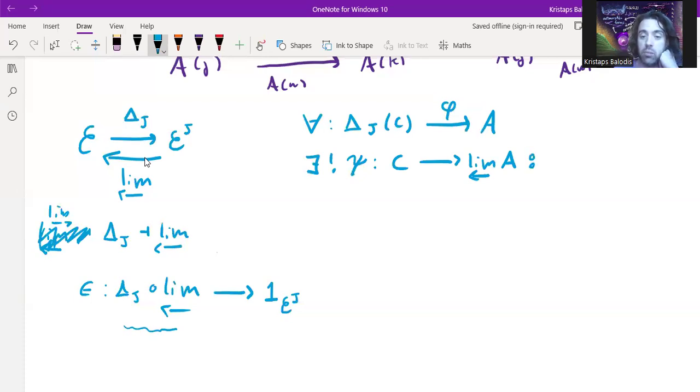Well, there's a unique psi so that the following diagram commutes.